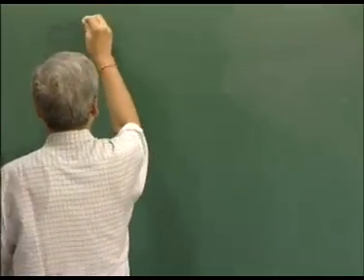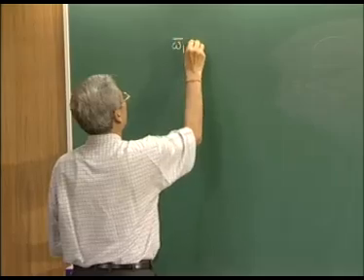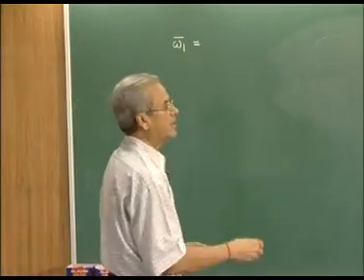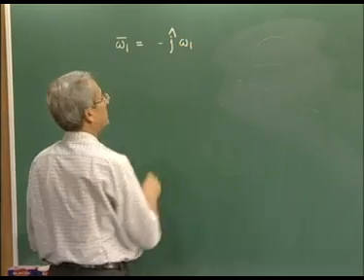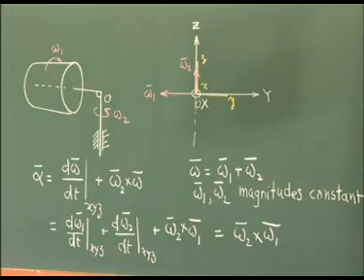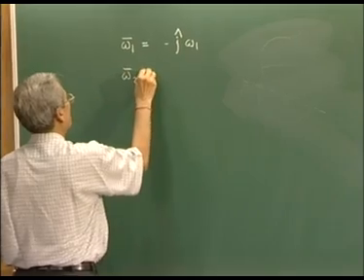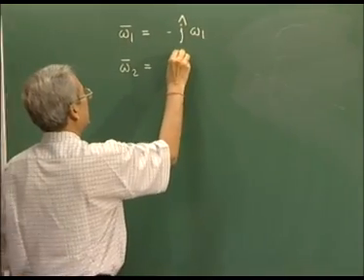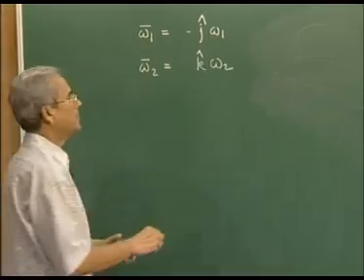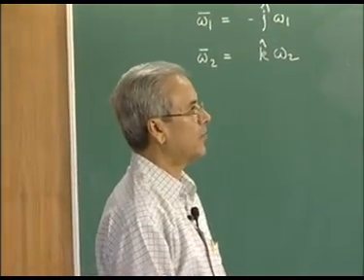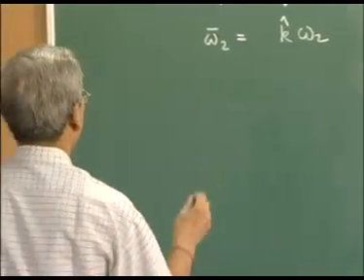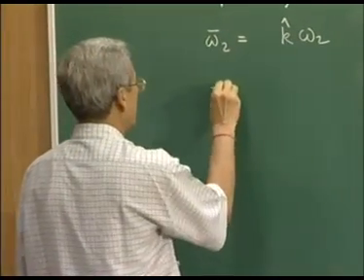So, omega 1 is equal to minus j omega 1, both its z and x components being 0, and omega 2 is equal to k omega 2, other two components, that is x and y components, being 0.